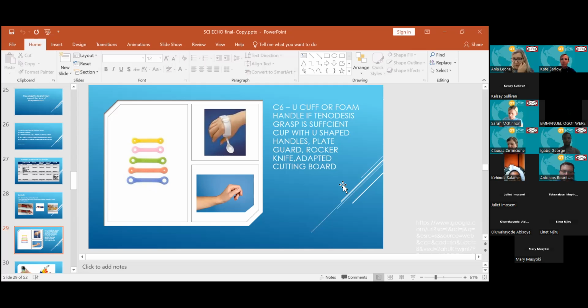The lower picture is just showing that tenodesis grasp, right? So they're able to manipulate some things, depending on a strength that takes months sometimes to develop. So those early phases are not going to be the prettiest, but it's something that they're working on. I've listed other forms of adaptations that are not pictured, such as a rocker knife or adapted cutting boards.